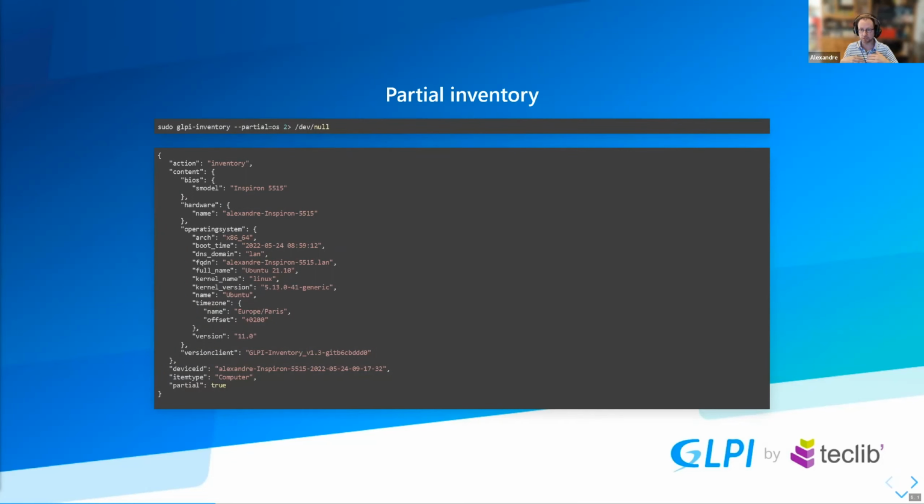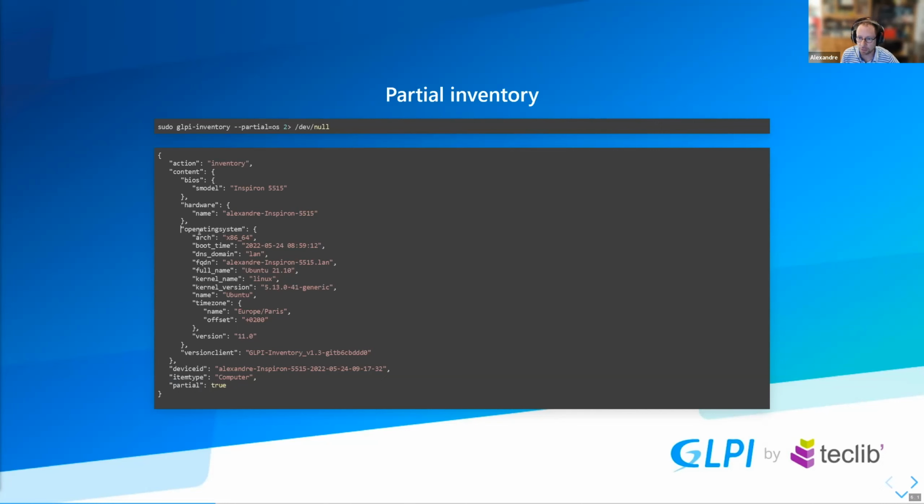On the native inventory side, it will detect that you have a partial key in your inventory file, and it will not remove all data; it will just update the existing node you are sending.